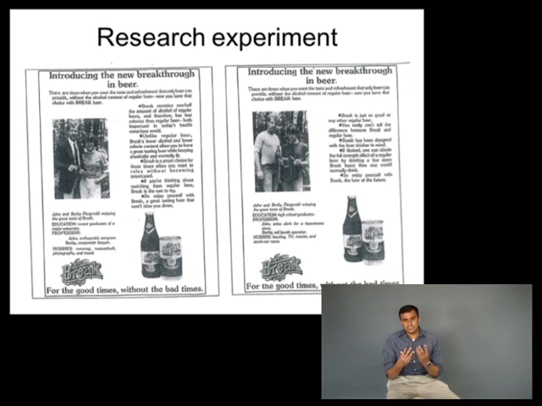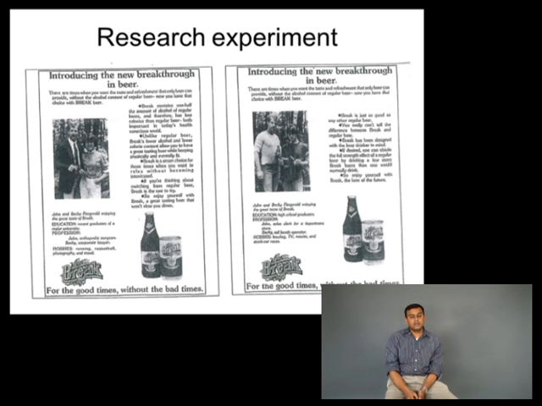They also had different people as the spokesperson for the product, or the likely consumer. They then measured people's perceptions of the ad and how likely they were to buy the beer after seeing it.